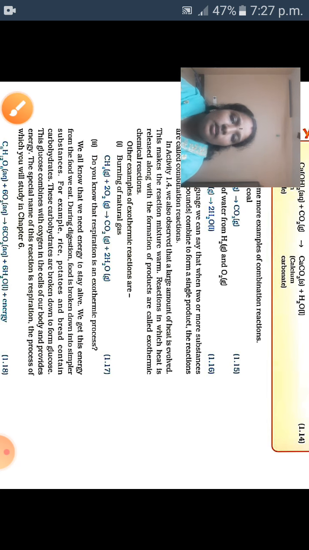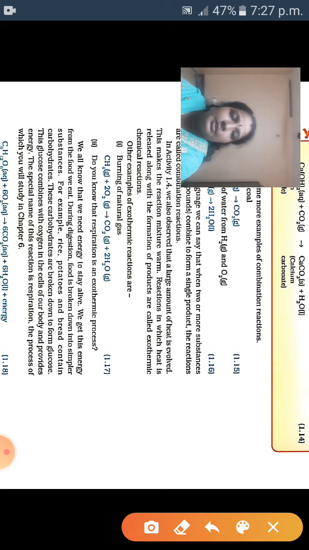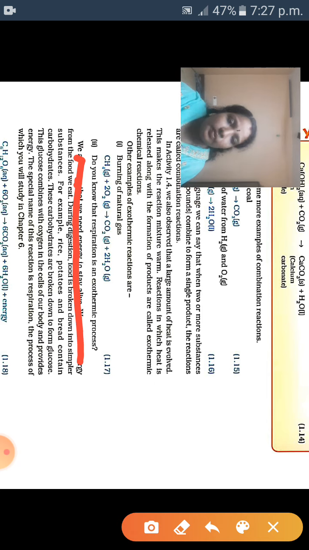Next we look at the next question: do you know that respiration is an exothermic process? How can you explain that respiration is an exothermic process?